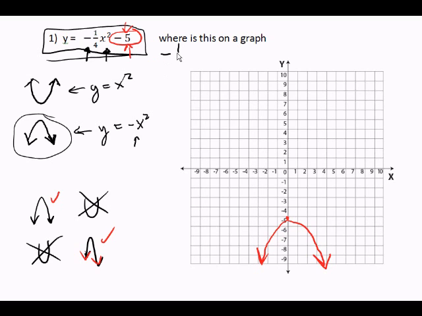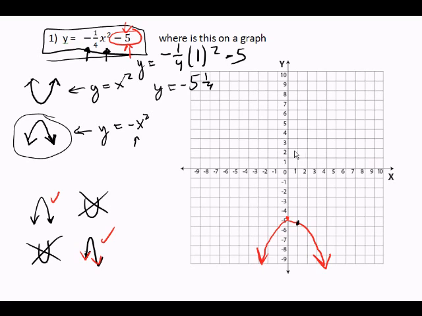Now, if you have a couple of graphs that look the same, I recommend plugging in some numbers and verifying where they are on your graph. So this is minus 1/4. If you plug a 1 in for the x, then do the math. 1 squared is 1, times negative 1/4, and minus 5. I get y equals negative 5 1/4.